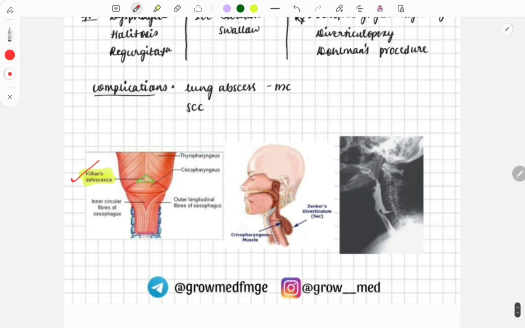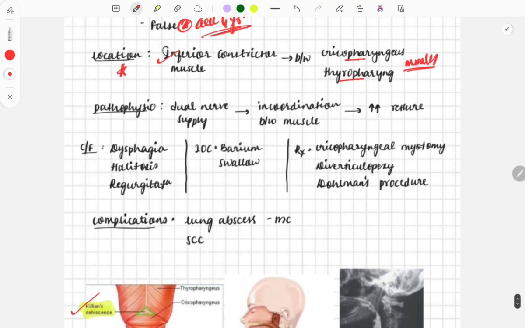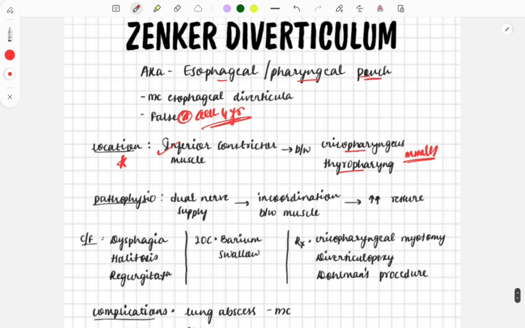तो inferior constrictor muscle, these muscles again have two parts. तो उन दोनों parts के बीच में, crico and thyro के बीच में, this pouch will be formed.